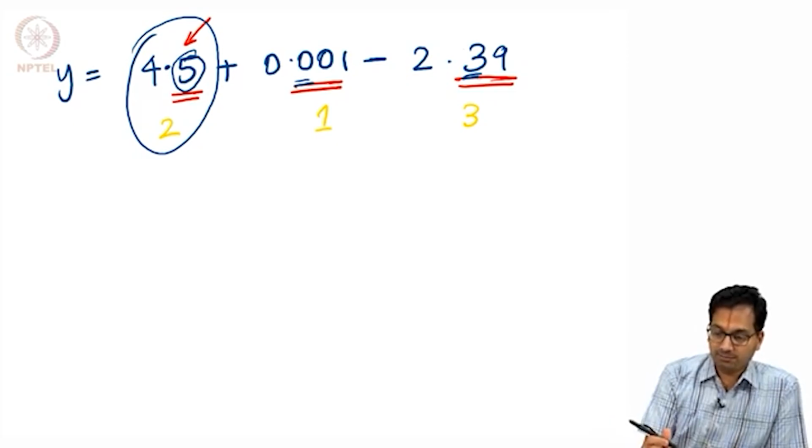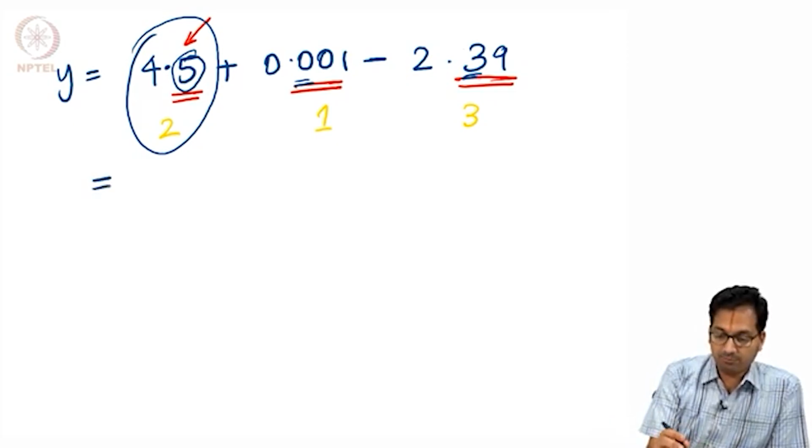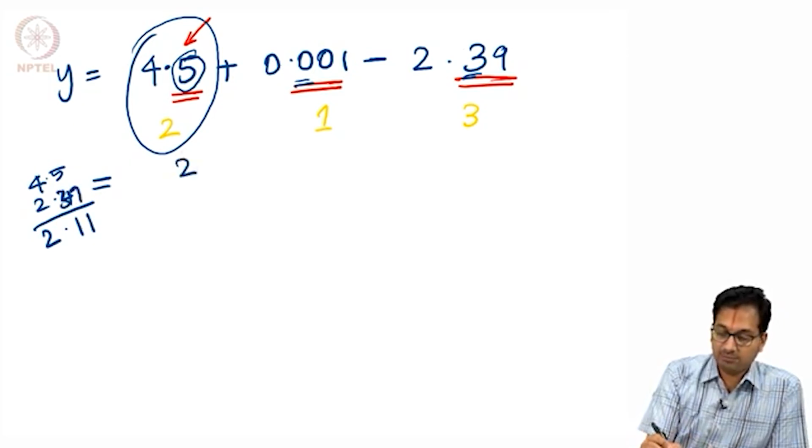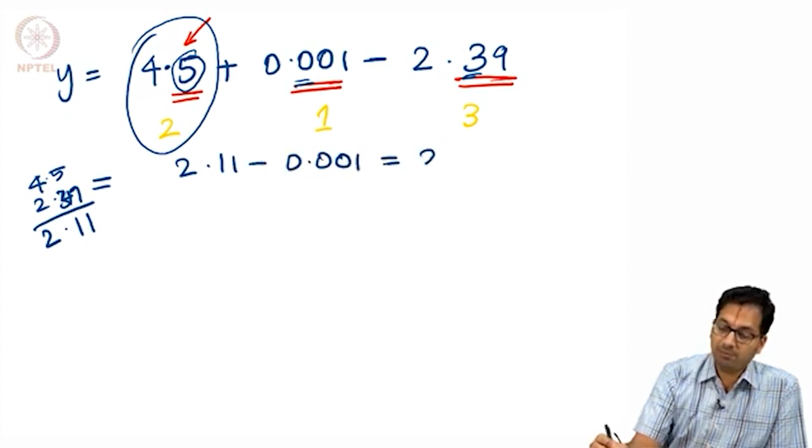So, now what is going to end up happening is that 4.5 minus 2.4 is 2.1. Of course, we have to add one more to it, so it's going to be 2.11 minus 0.001, which is going to be 2.109.